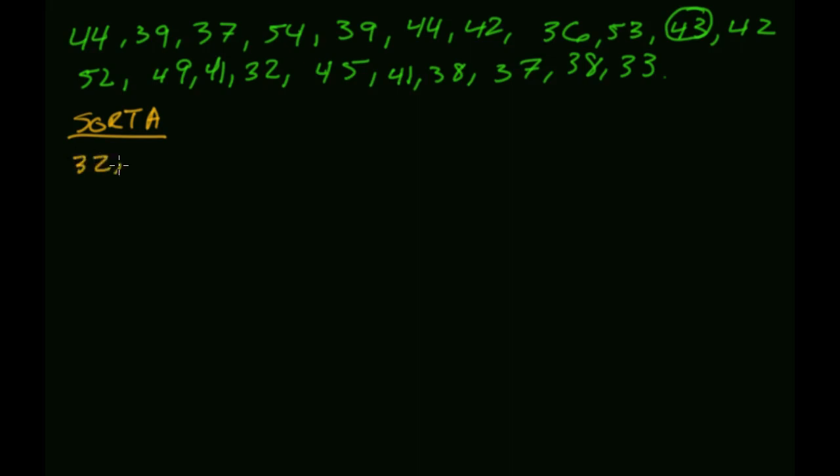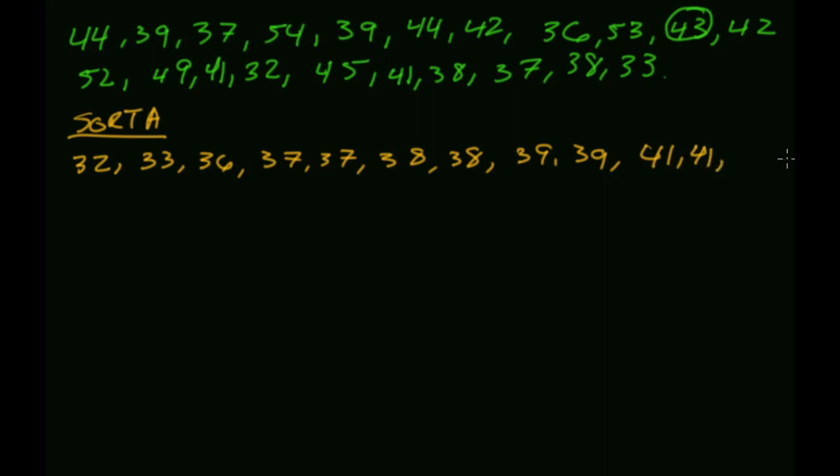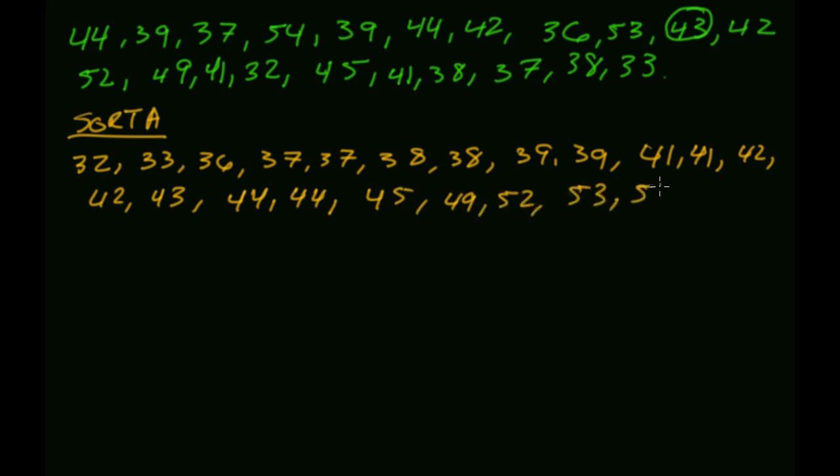When you reorder them, you get 32, 33, 36, 2 37s, 2 38s, 2 39s, 2 41s, 2 42s, a 43, 2 44s, 45, 49, a 52, a 53, and a 54.